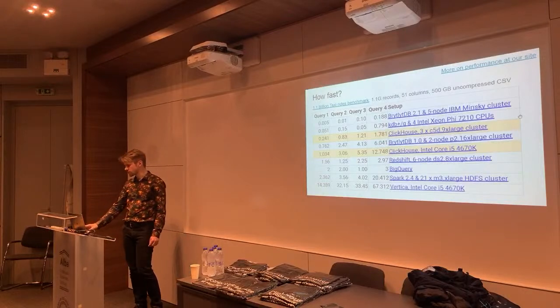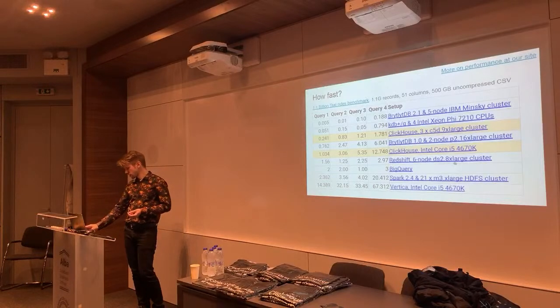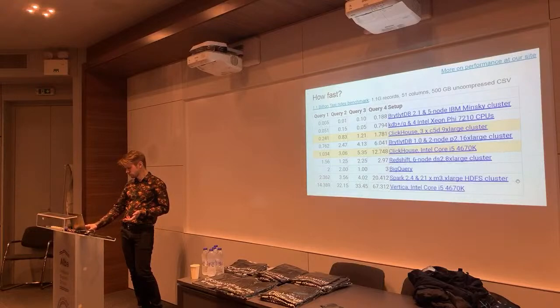It's interesting to note that ClickHouse on some installations can be even faster than a GPU-based database. Then you have a couple of cloud solutions, Redshift from Amazon and BigQuery from Google. Then you have a big data solution, Spark, and another proprietary columnar analytical database, Vertica.